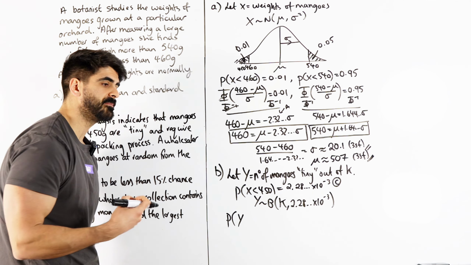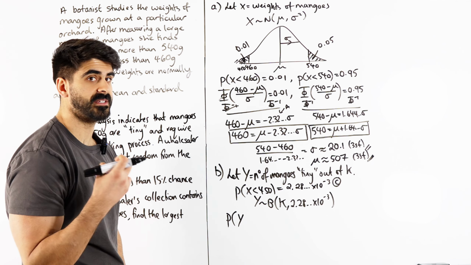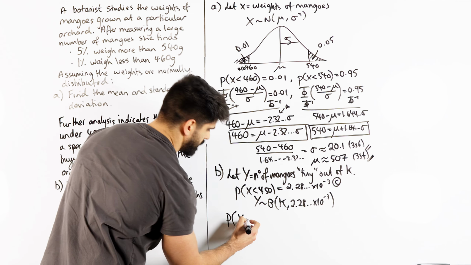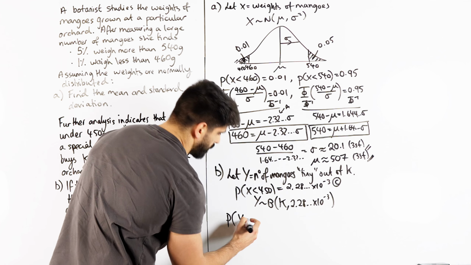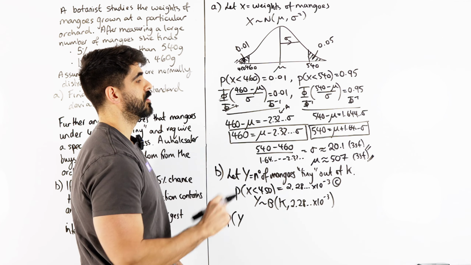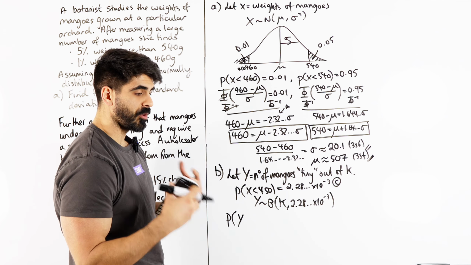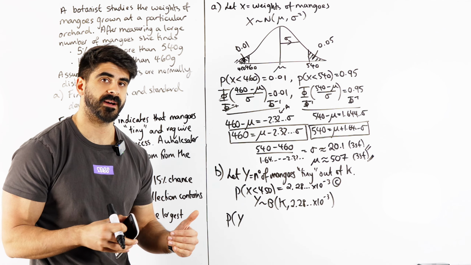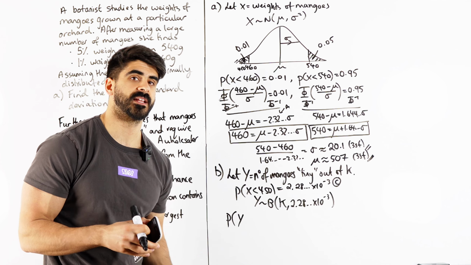So how many tiny mangoes do we want? We want that to be 0. Well, we want y is 0, but we're basically saying the probability of having one tiny mango or more needs to be less than 15%.